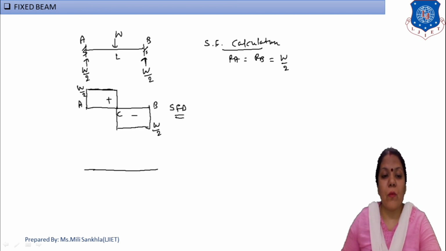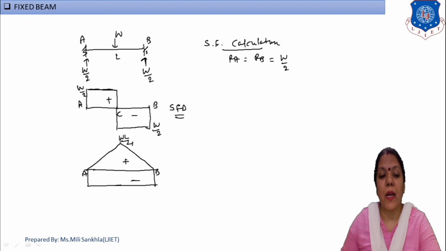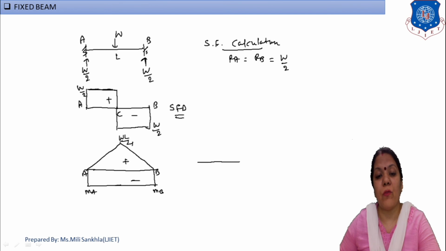Now draw the BM diagram. For the BM diagram, our first diagram is for the point load, and the height of this diagram is equal to WL by 4, A point and B point. Second, draw the hogging diagram, and this hogging diagram is minus, this is MA and MB. Now here I use the principle of superposition and combine these two diagrams with proper sign convention.